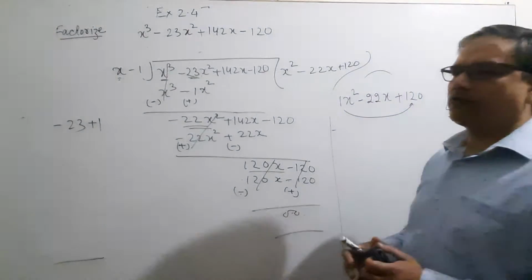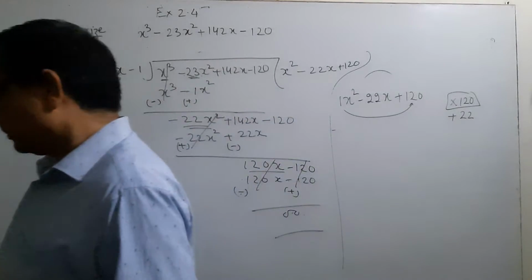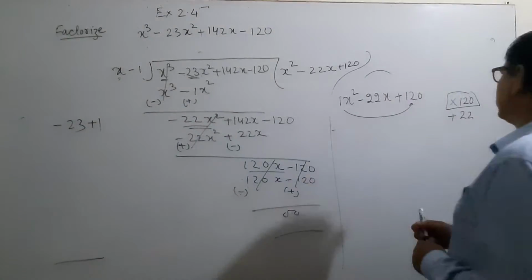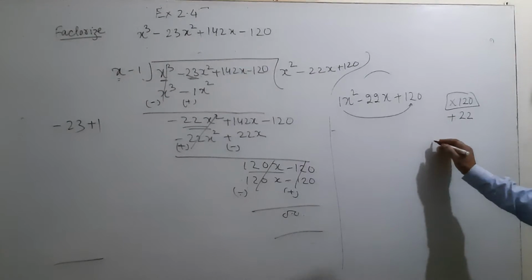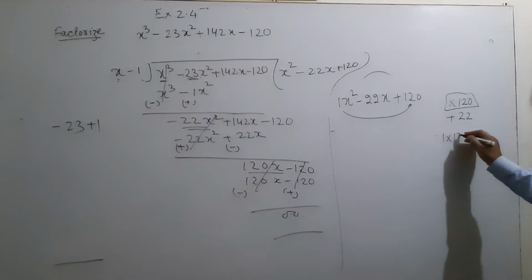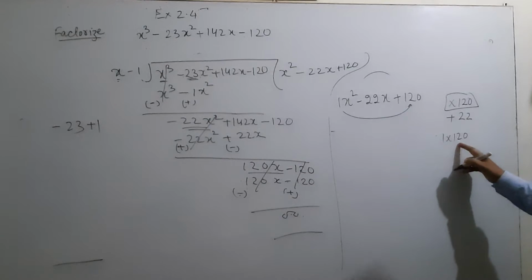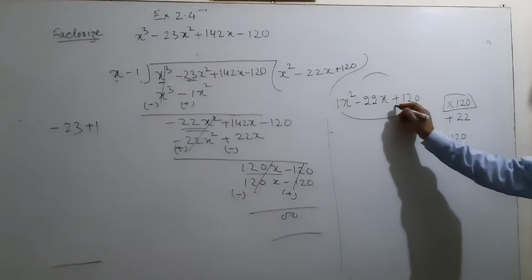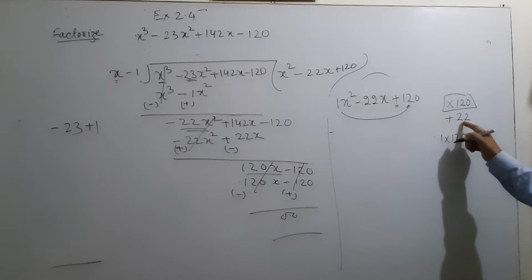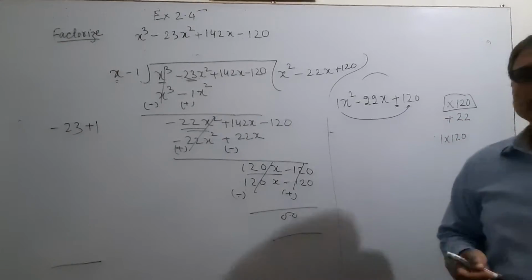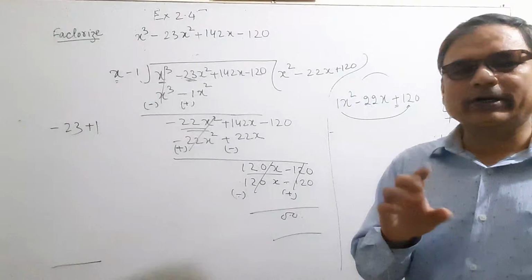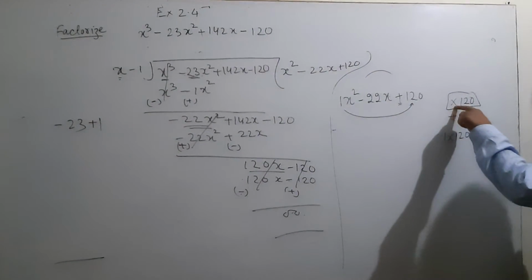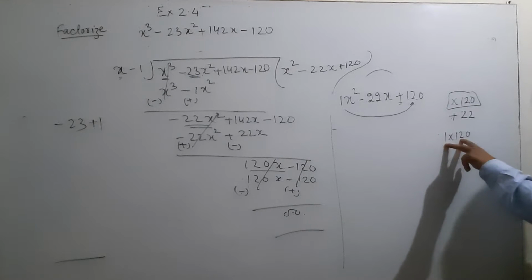How do we make the factors? Now listen. 1 multiplied by 120, 120 multiplied by 1 is 120. We have to assume two numbers whose sum is 22 and product is 120. 1 plus 120.